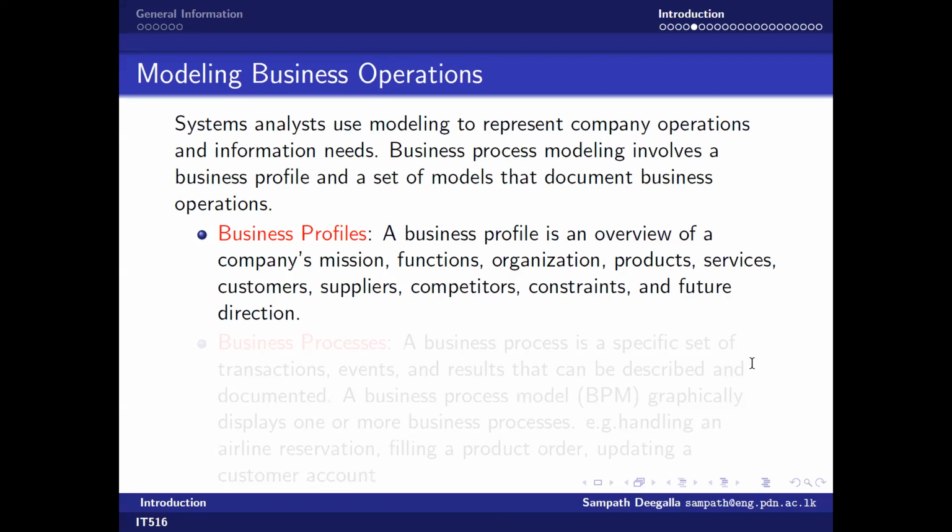Yes, Kavisha, where are you working in your organization, and can you tell us a bit about the mission of your organization and what kind of functionalities you have and so on?